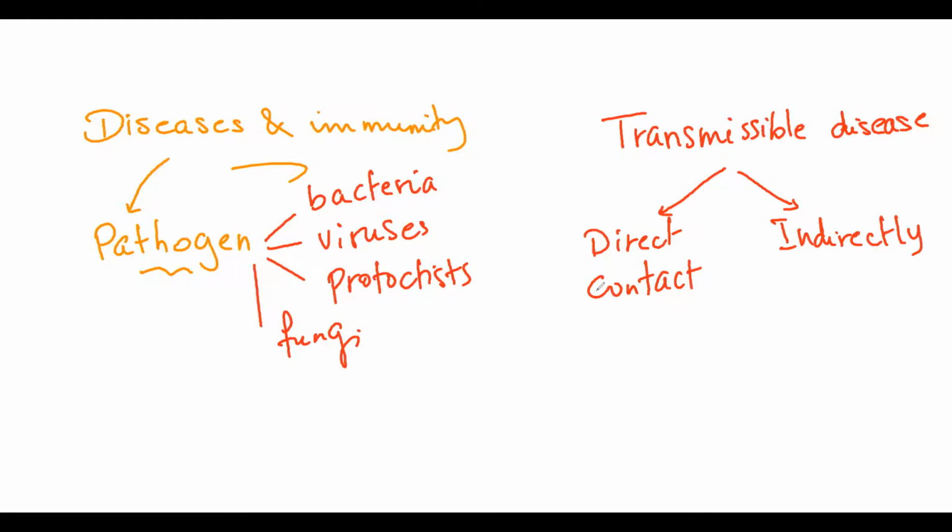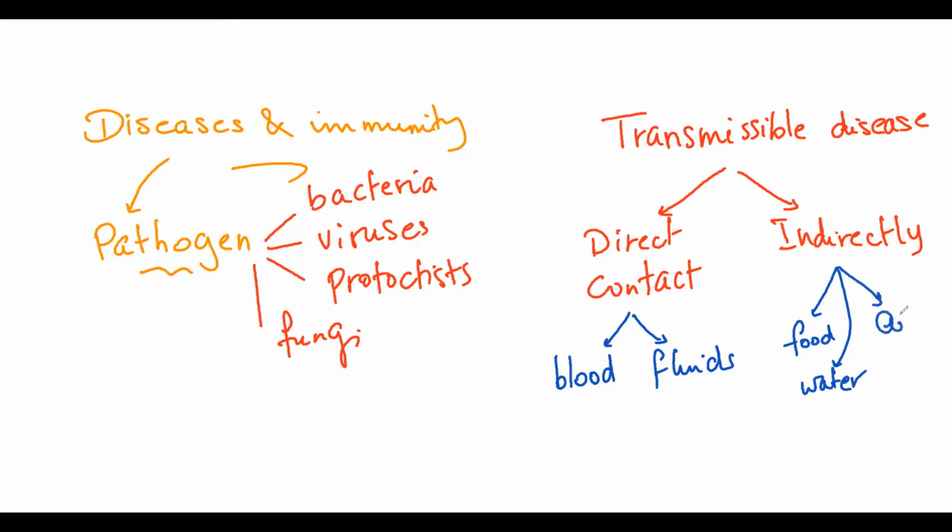Direct contact, for example, means through the blood, or through tissue, or through the fluids of the body. Indirectly, it means that if there is contaminated food, polluted water, also from the air, droplets. This is indirect. Here, direct contact means that the blood or the fluid of the patient must come in contact with the blood or fluids of the healthy person.